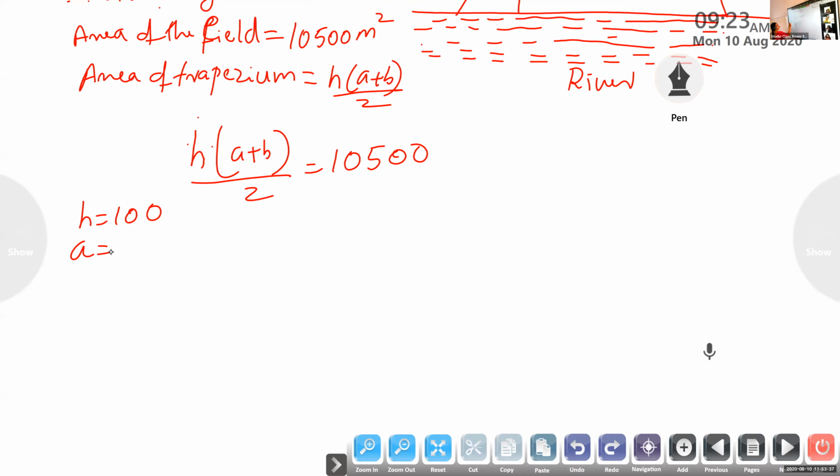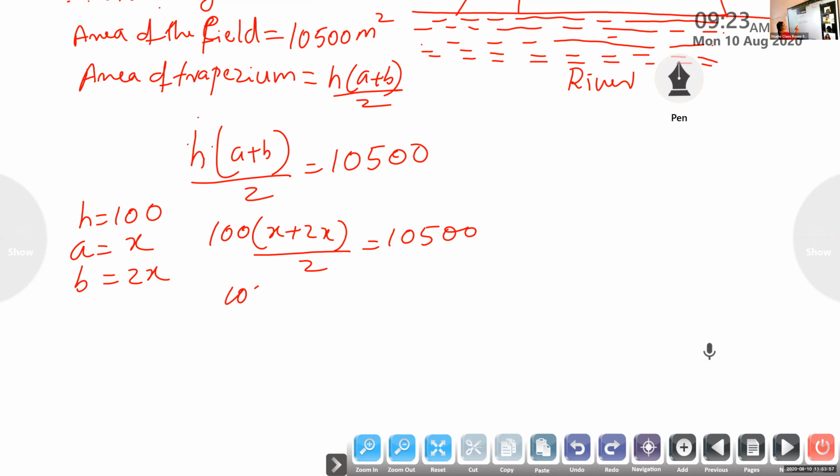A we can take as x and B as 2x, the sides of the trapezium. So 100 into x plus 2x by 2 equal to 10,500. So 100 into 3x by 2 equal to 10,500.